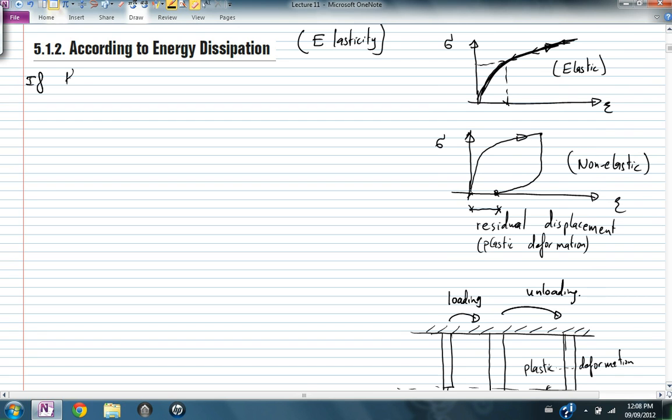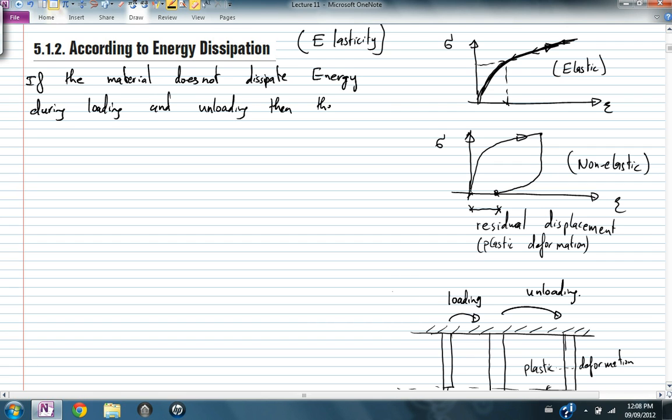If the material does not dissipate energy during loading and unloading, then the material is called an elastic material. Otherwise, it is non-elastic.